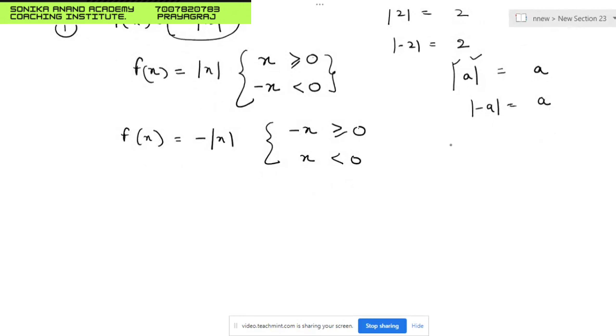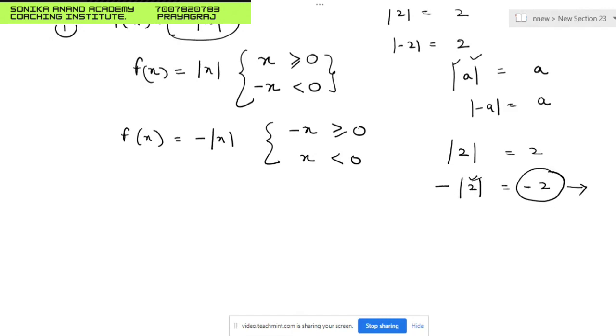Listen, if we have a value 2, then its answer is 2. Okay, Ritika? But if we put minus 2 like this, so minus should be there and the answer of mod 2 is 2. So we get minus 2. Clear?